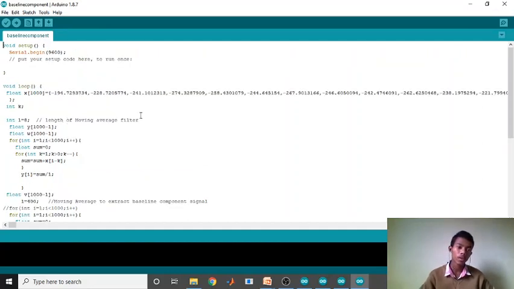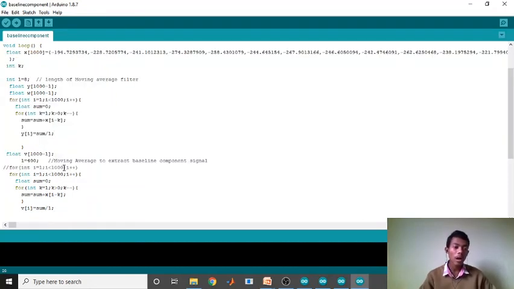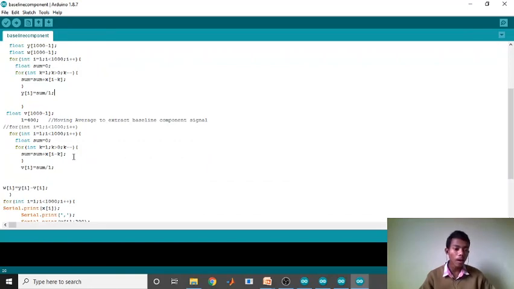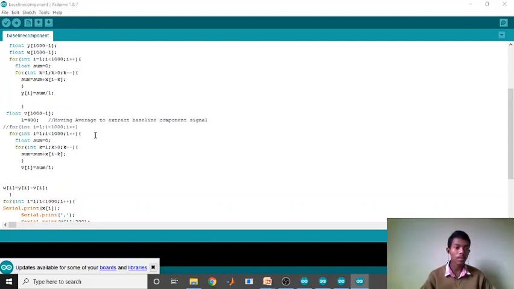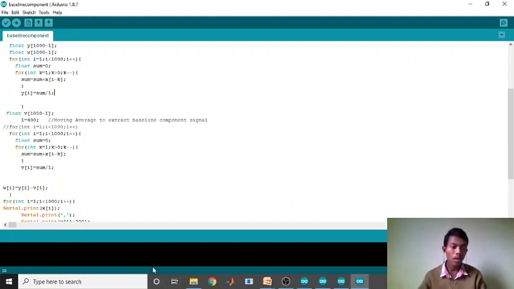So first, this is my input signal. I pass it through the moving average filter with length equal to 8, so I got Y. Then I can pass our original input signal through the moving average filter with L equal to 400.